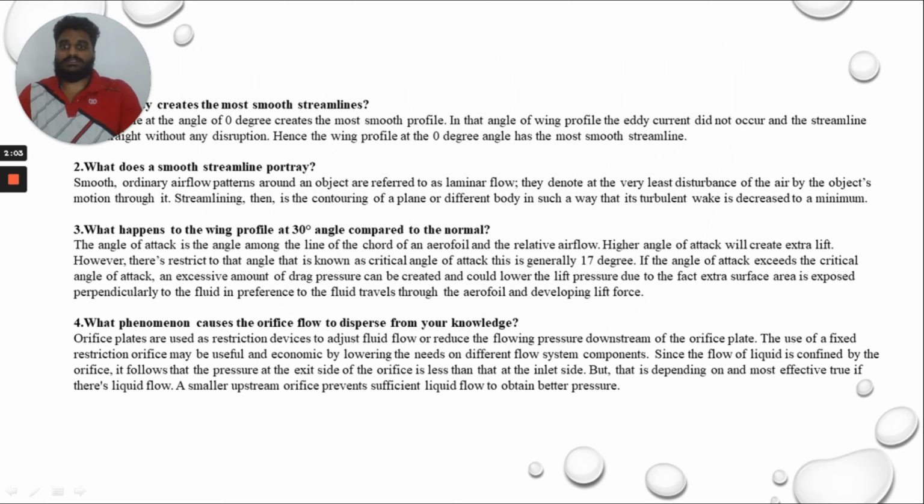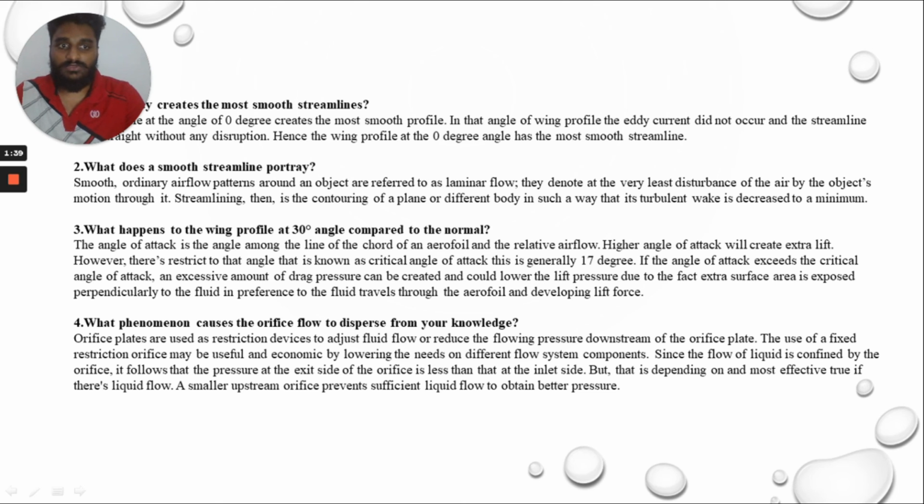What phenomenon causes the orifice flow to disperse? From my knowledge, orifice plates are used as a restriction device to adjust fluid flow or reduce the flowing pressure downstream of the orifice plate. The use of a fixed restriction orifice may be useful and economic by lowering the demands on other flow system components.